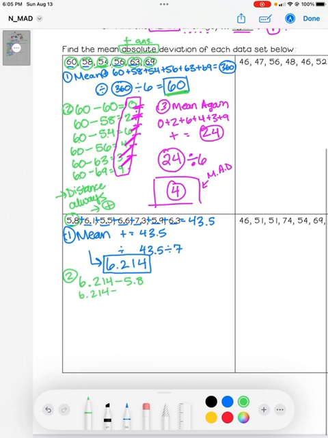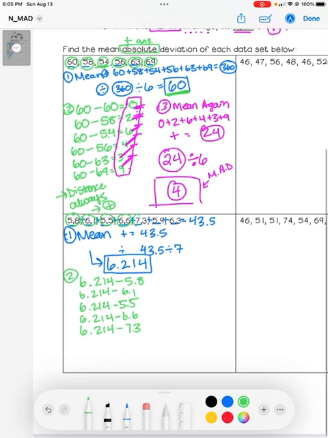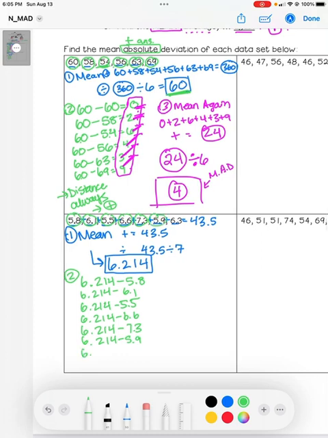We'll have 6.214 minus 5.5. 6.214 minus 6.6, and so on. I would pause the video and see if you can't do the subtraction on your own. Or you can wait at least until I'm done writing everything and then pause the video. Minus 6.3.